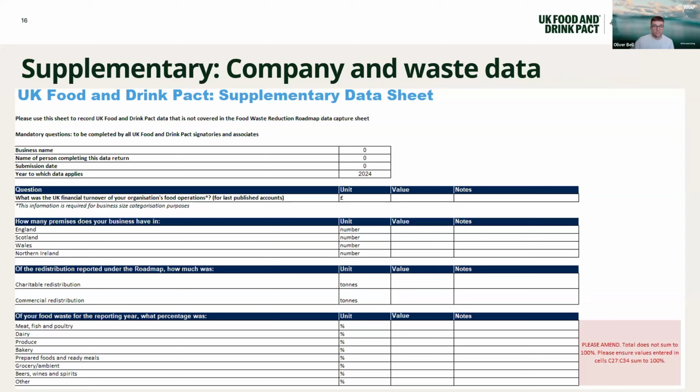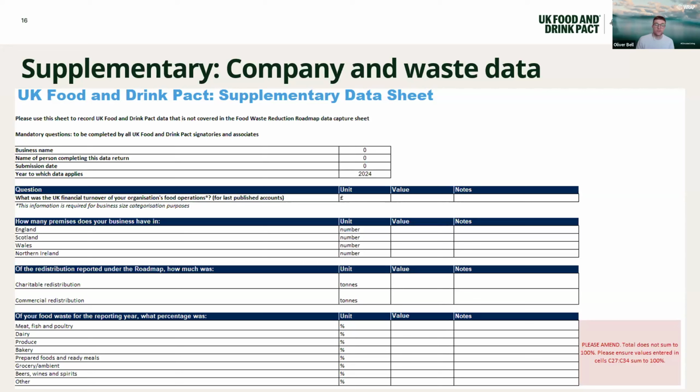We'll also ask for a breakdown of sites by UK nation, and then also a breakdown of your redistribution via commercial or charitable means. It's important to note that the two redistribution figures must sum to equal the total provided in the redistribution row on the previous sheet.